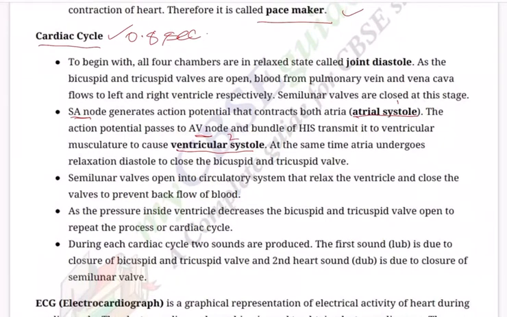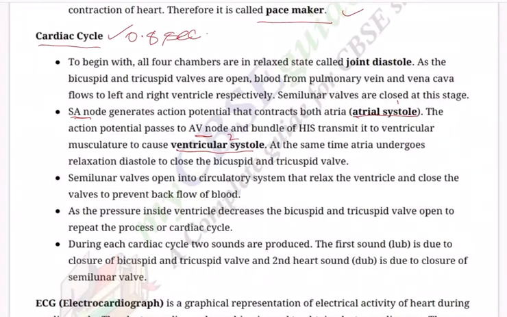So that's why we hear lub dub, lub dub. The tricuspid and bicuspid valves open again when the pressure in the ventricles falls, and blood flows from the auricles into the ventricles.